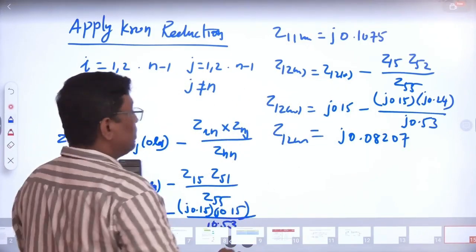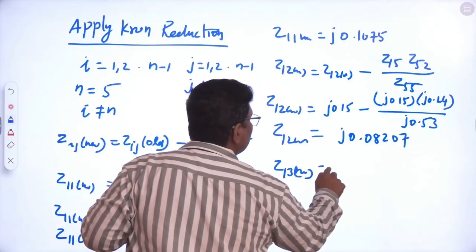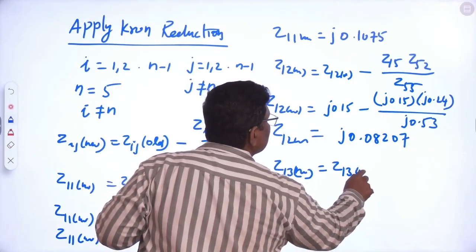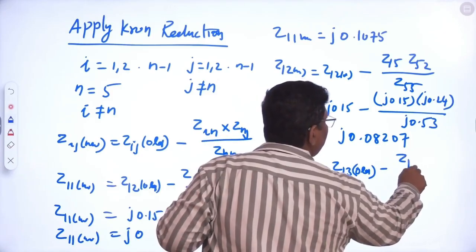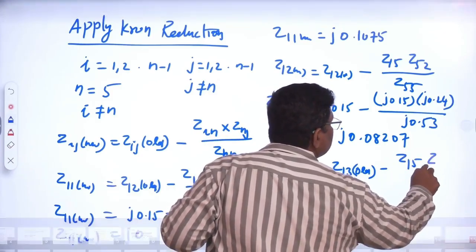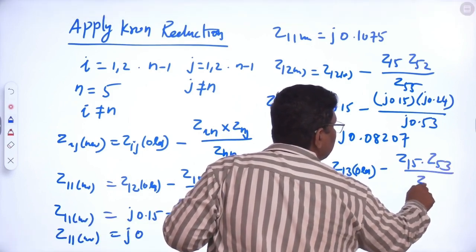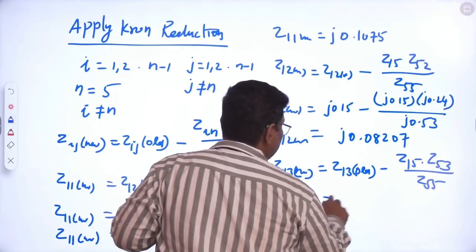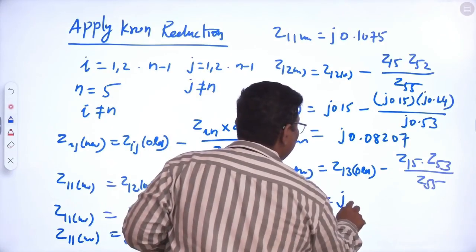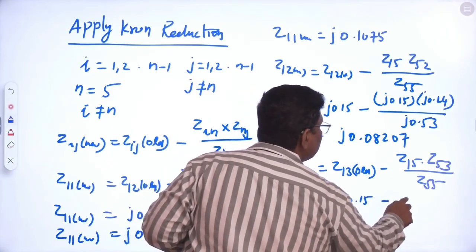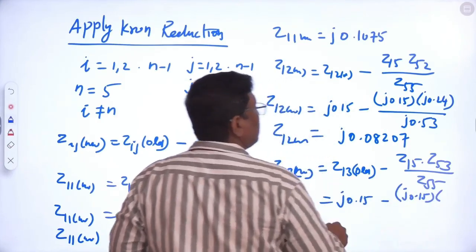In the same manner, Z13 new equals Z13 old minus Z15 into Z53 divided by Z55. So Z13 old is 0.15 minus j0.15 into Z53.